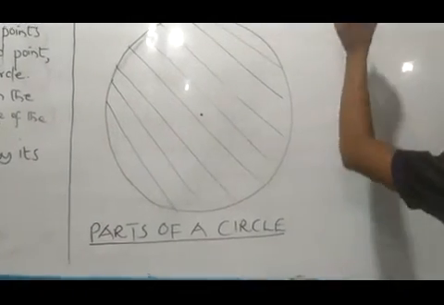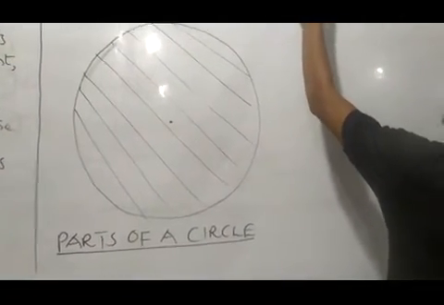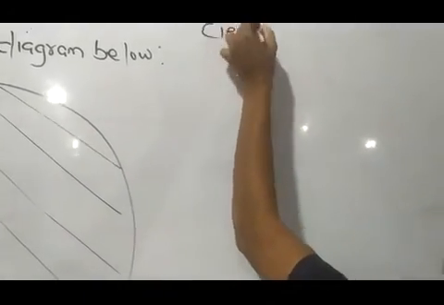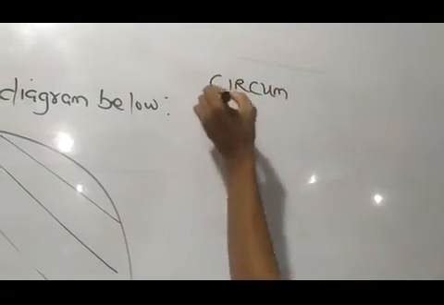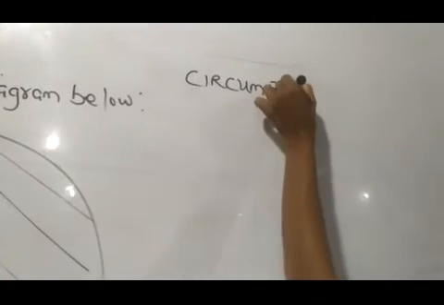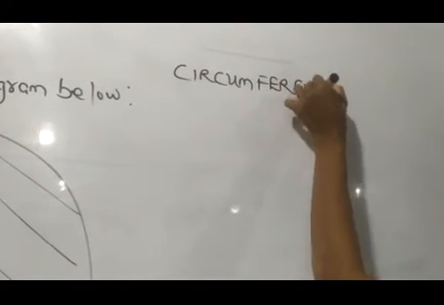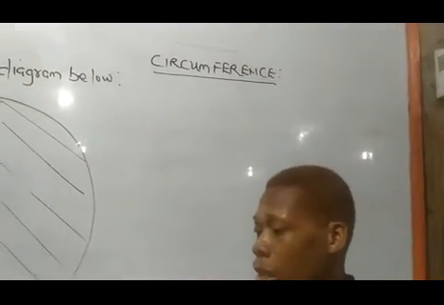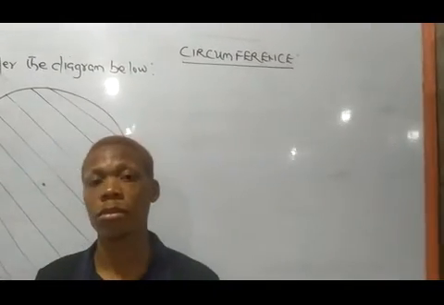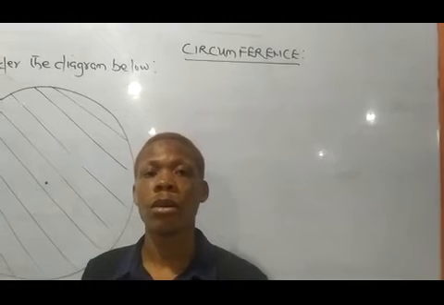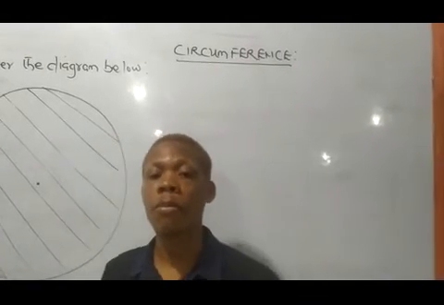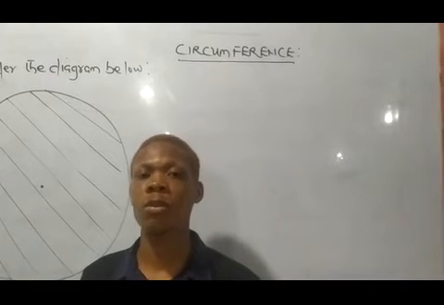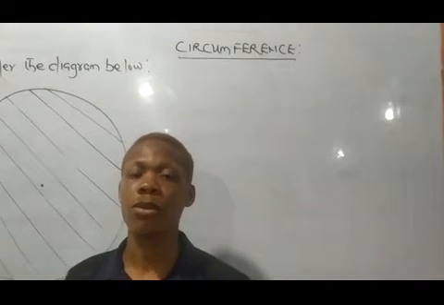The first one we look at is the circumference of a circle. In order to save time, I will be dictating the rest of the definitions for you to write.